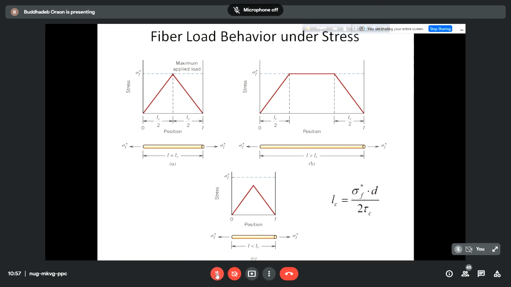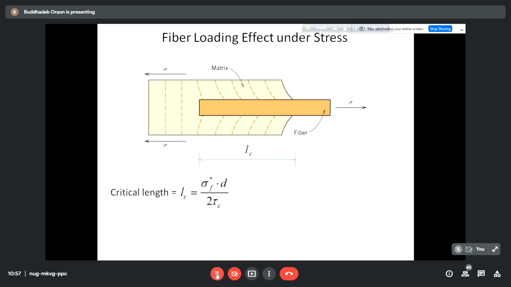Okay, sir. So the next class we will have only after the Puja vacations. In between we cannot have it, because the next class will start a topic which is again very important, that is phase diagram, phase transformation, heat treatment, all this.